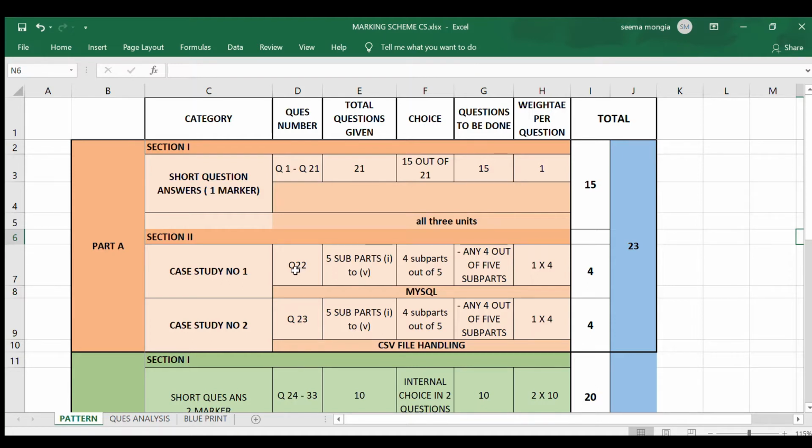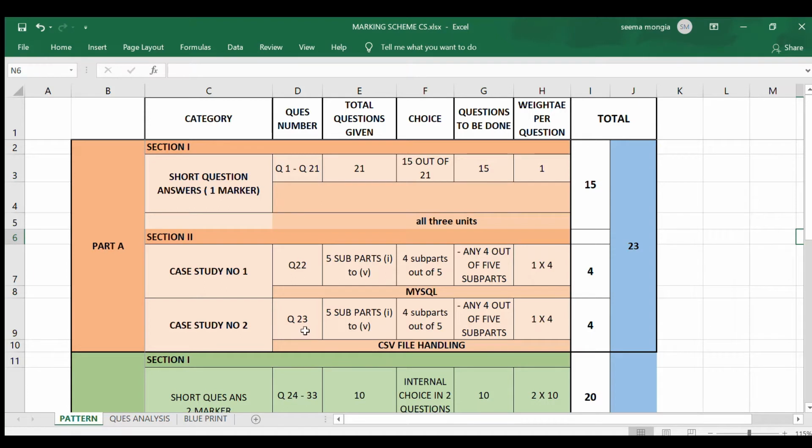So when you are preparing MySQL, prepare in such a way that one or two tables or relations will be given to you, and on the basis of those tables, you will be provided with 5 queries. Out of these 5 queries, you will have to attempt any 4. So this is case study number 1.